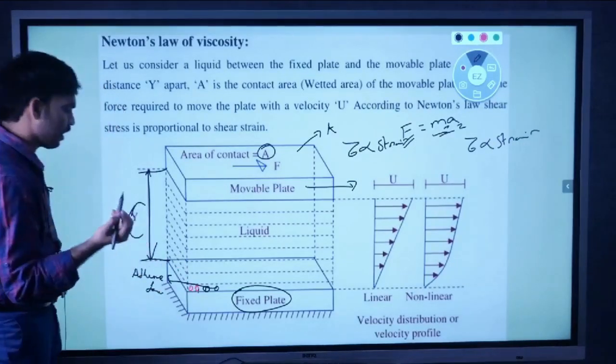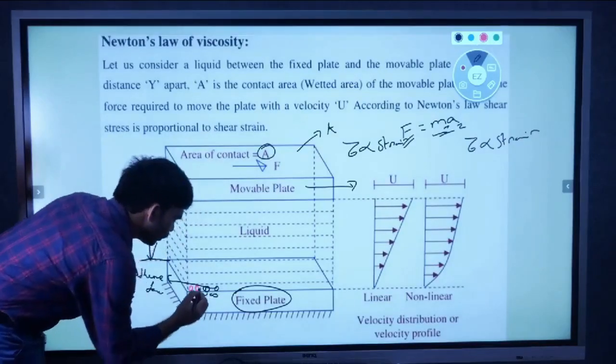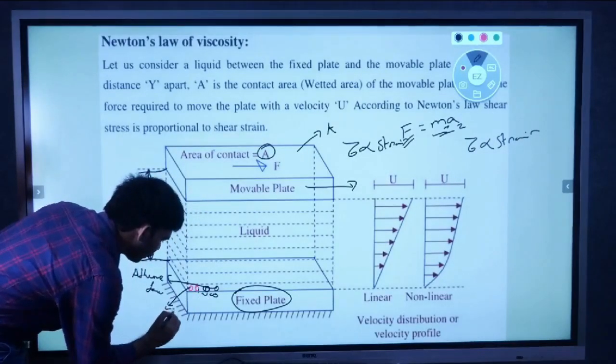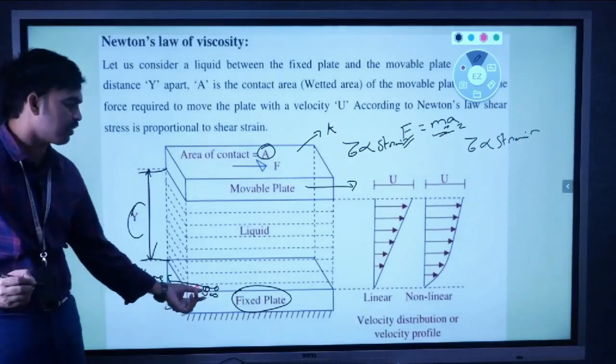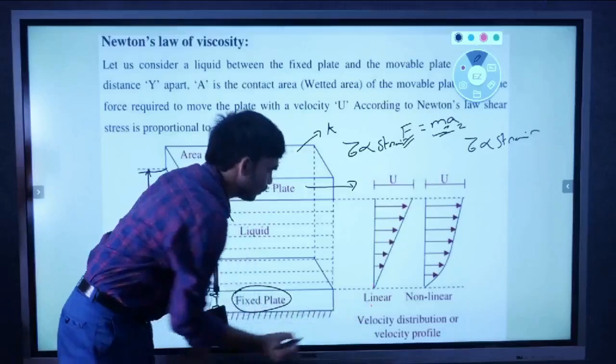So this is a fixed plate, right? So the velocity here is 0. The fluid particles that contact with the solid surface will gain the velocity of 0. That's why the velocity here is 0.